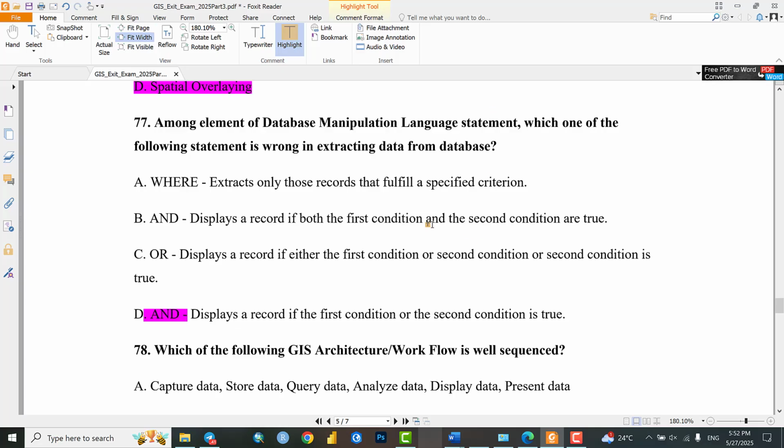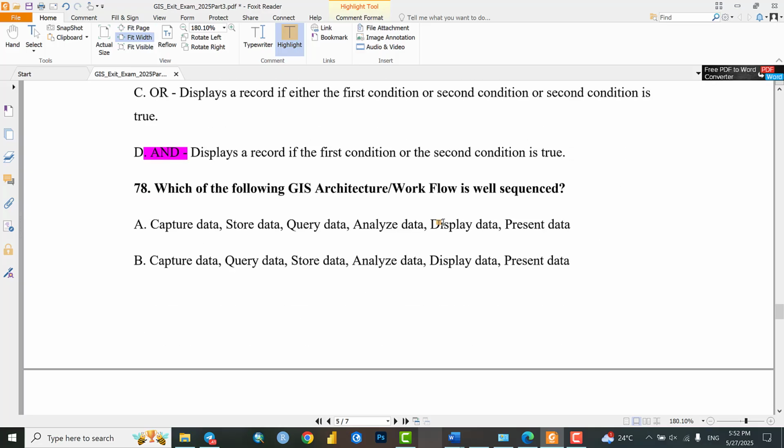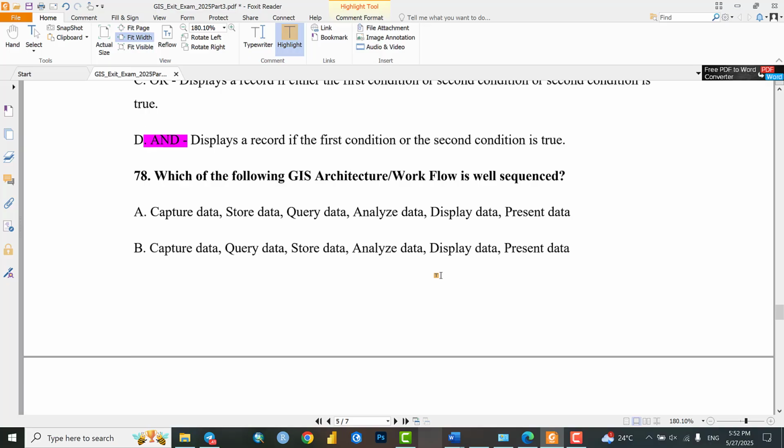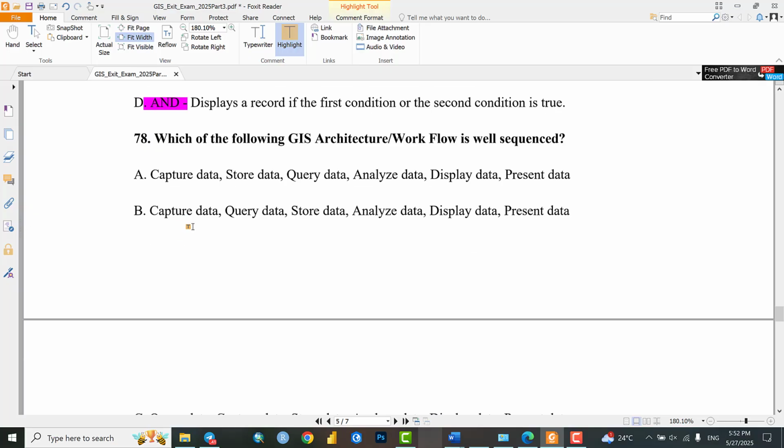the false statement. 78. Which one of the following GIS architectures or flows is well considered? Capture data, store data, query data, analyze data, split data, present data; capture data, query data, store data, analyze data. So the first must be capture data. Capture data, store data, query data, analyze data.